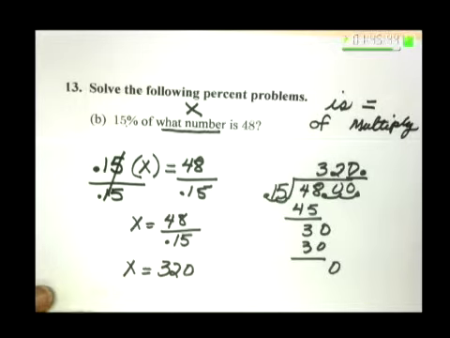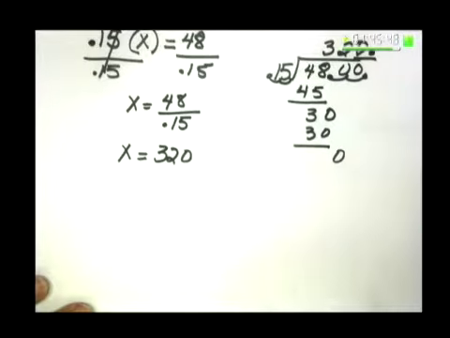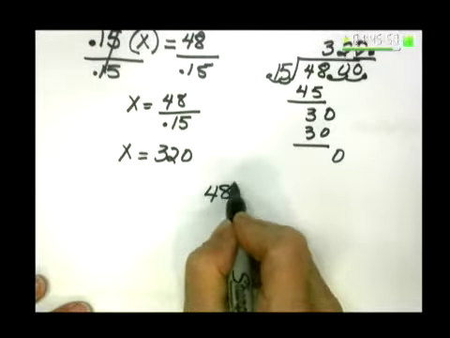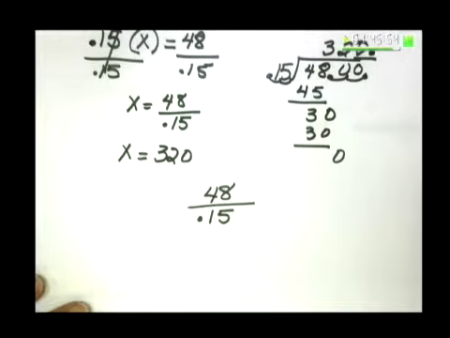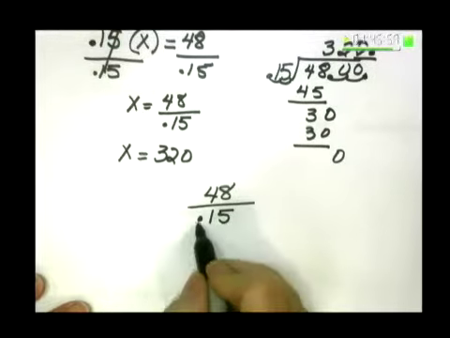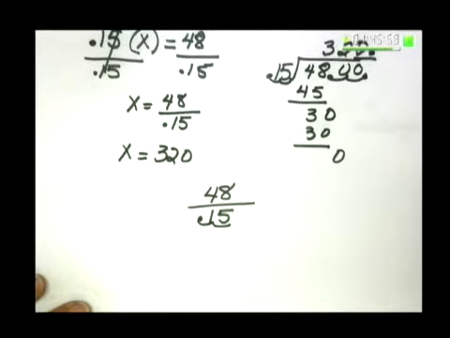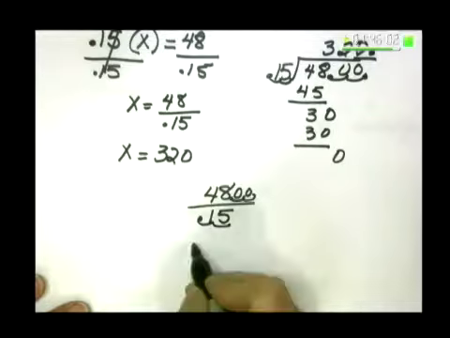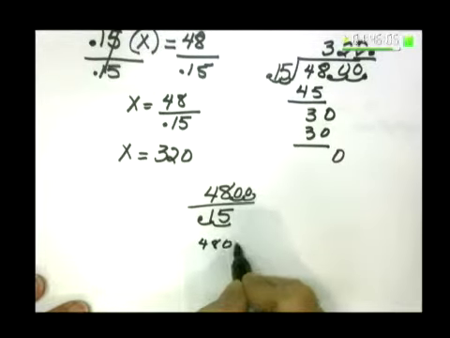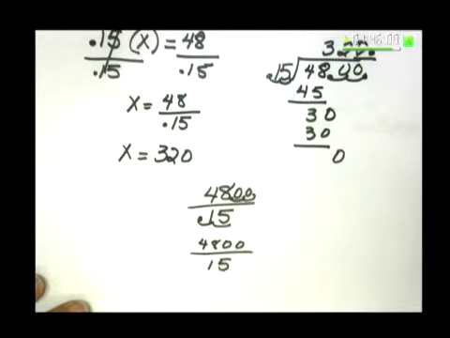Now let me show you my shortcut, just because I feel like I need to show you my shortcut. If I have 48 divided by 1/5, I need to move my decimal point 2 places. If I move it here, I move it here 2 places. So now I have 4800 over 15, which is the same thing that I have over here.